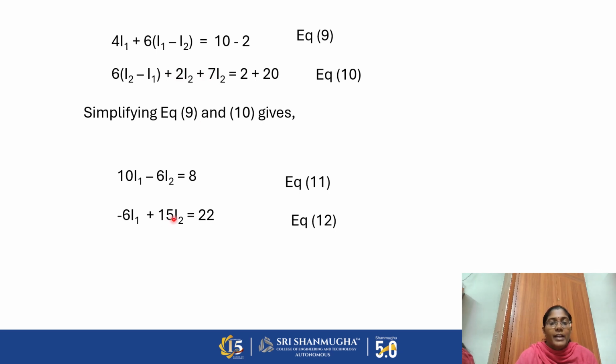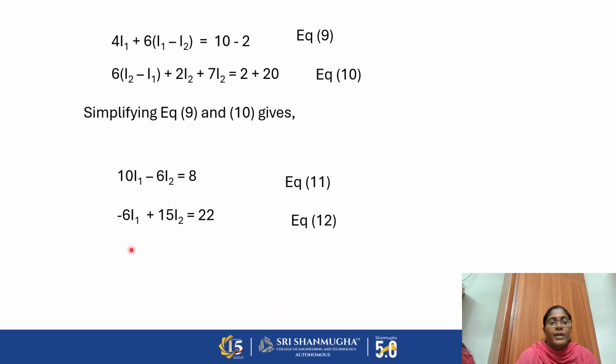So 15 I2 is equal to 2 plus 20, which is 22. By simplifying equations 9 and 10, you get equations 11 and 12. Now solving these two linear equations, you can get the values of I1 and I2.